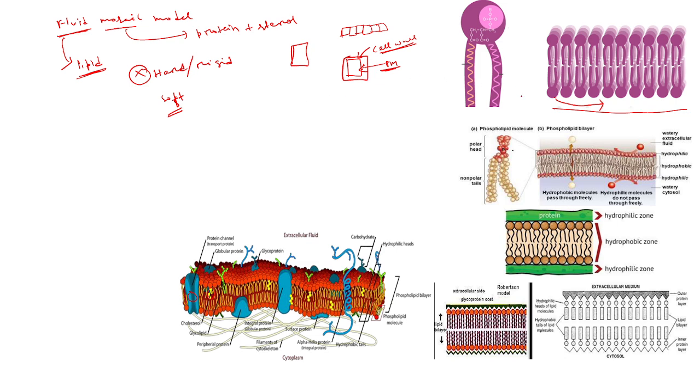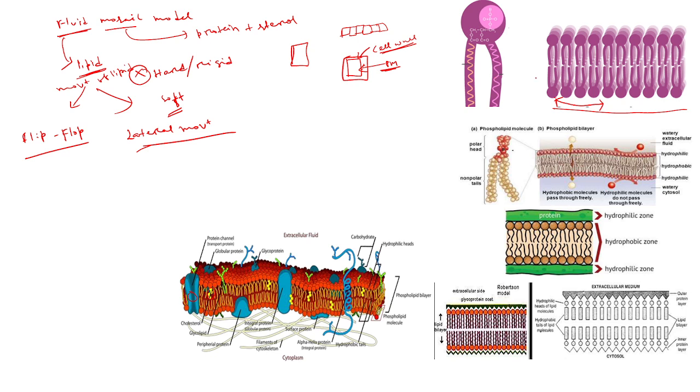So how does the lipid move? Lipid moves by two methods. One is called the flip flop, another is called the lateral movement. What is the flip flop?